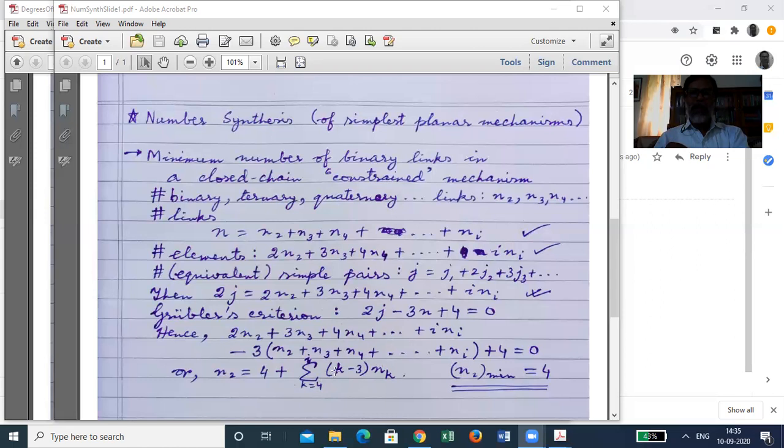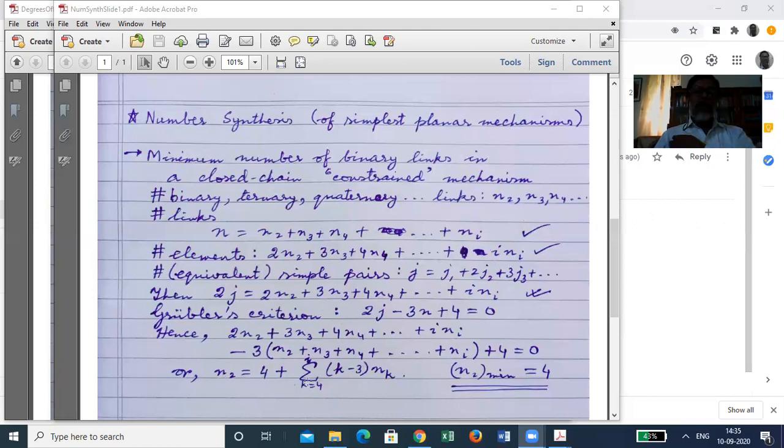So for k equal to 5, it will be 2 n5 and so on. So this whole thing from n3 goes off, the n2 term is here, and from n4 onwards, all the rest of the terms up to ni have been included in this sum. Okay. So this turns out to be the number of binary links which must be there in the mechanism.